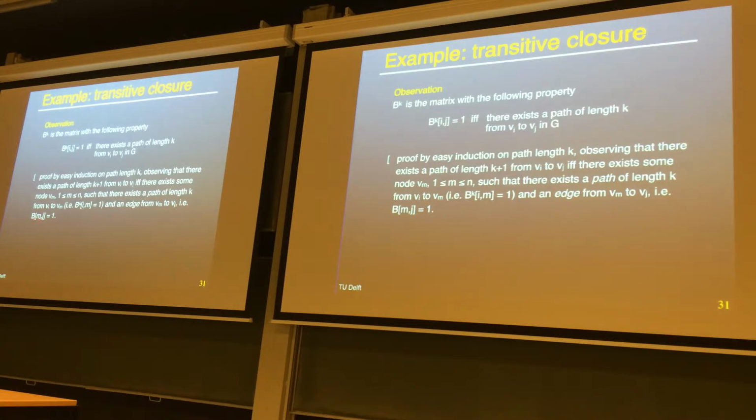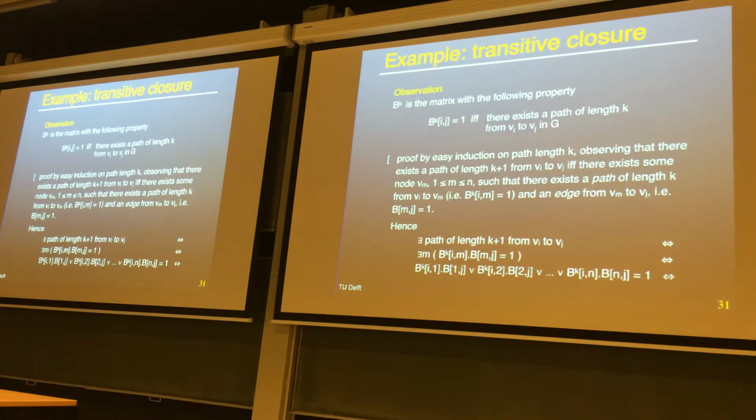So that means B_mj must be equal to 1. So there exists a path of length k plus 1 from Vi to Vj if there exists an m such that I can go from i to m in k steps and from m to j in one step. And this m can vary. It might be the first one, second one, third one, or the last one.